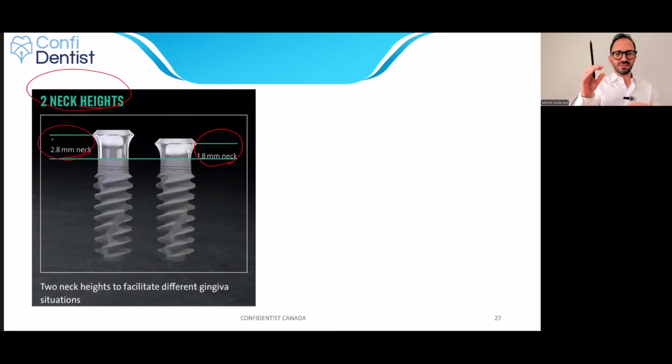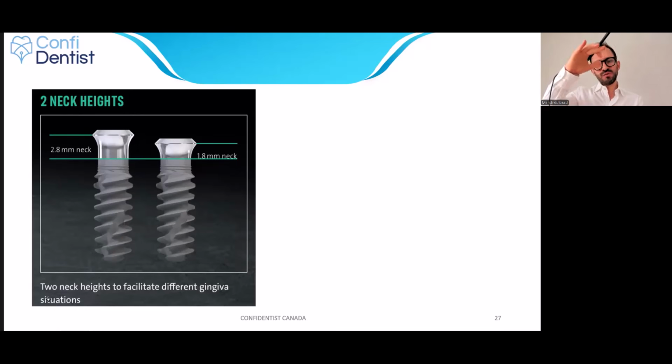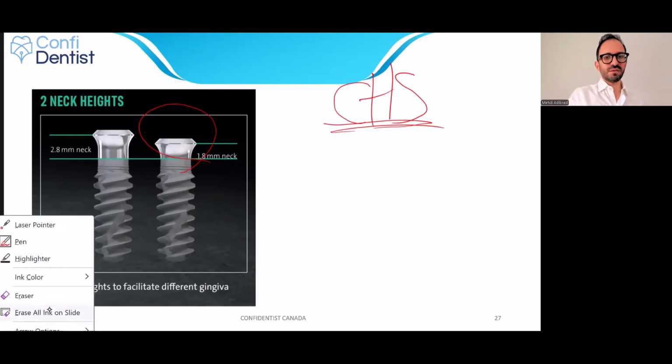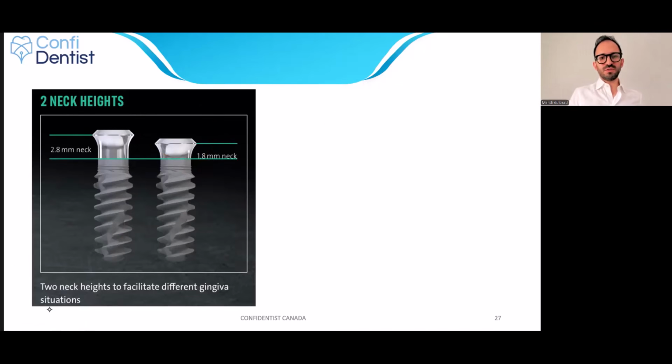And that depends on the soft tissue thickness. If I have a very thick soft tissue, I go with this. If I have a very shallow and narrow soft tissue, and I have insufficient crown height space, CHS, then I go with the shorter smooth collar or neck.